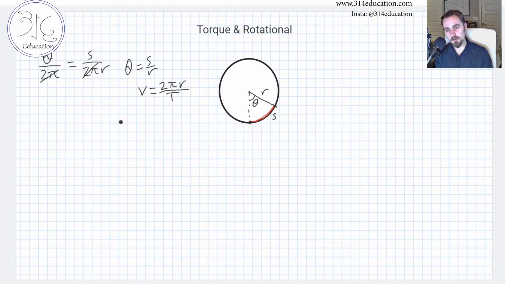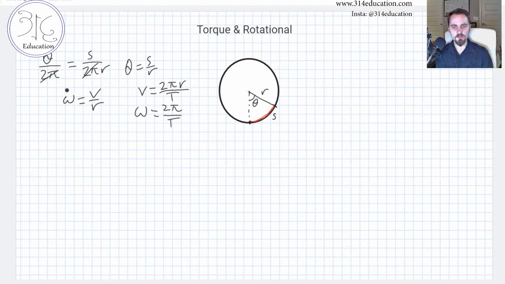And to look for our angular velocity, this is actually going to be the same trick we used in simple harmonic motion. That's going to be using our omega, because our omega we defined as 2 pi over T, which looks really similar. The only difference is this one has an r in it. So if we divide the r out from the velocity, we get our omega. So that leaves us with omega is equal to v over r.